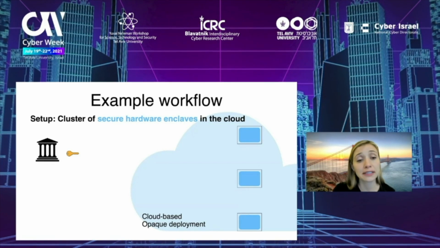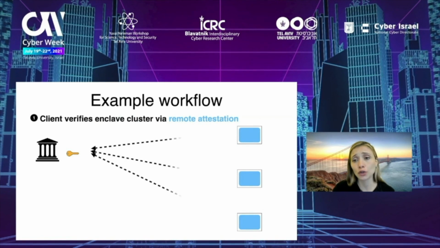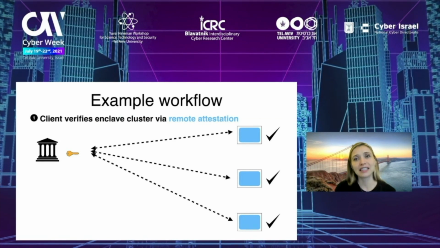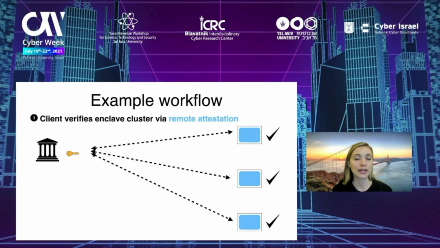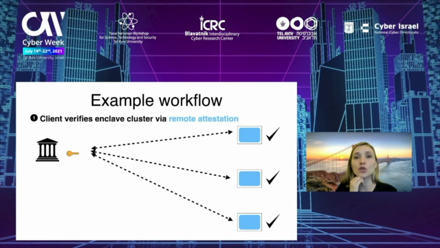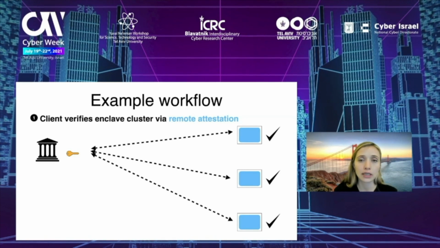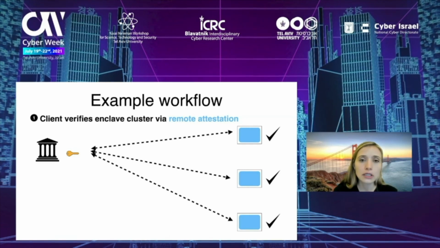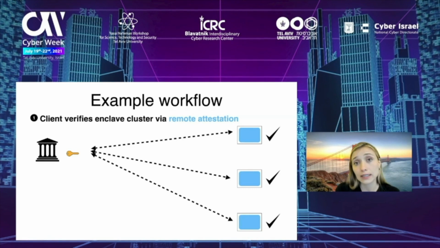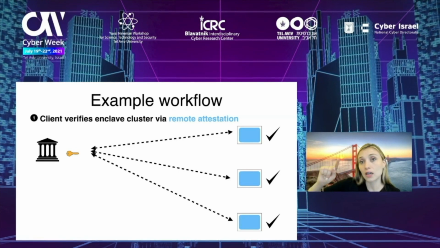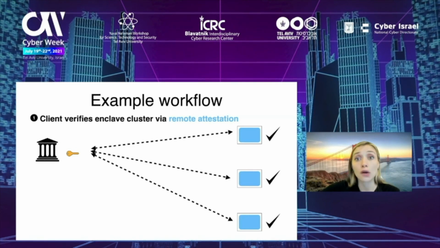So now the first thing that the bank has to do is check that these enclaves are being set up correctly. This procedure is called remote attestation, and it's a very nice property of hardware enclaves. It enables a remote party like the bank in this case to verify what's running on the enclaves in the cloud.